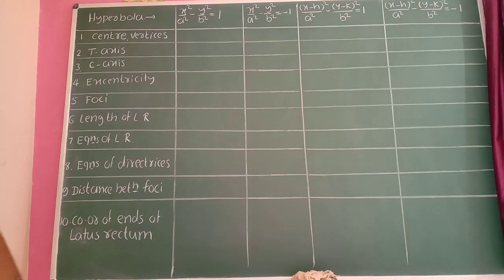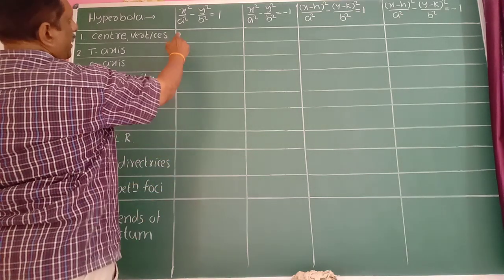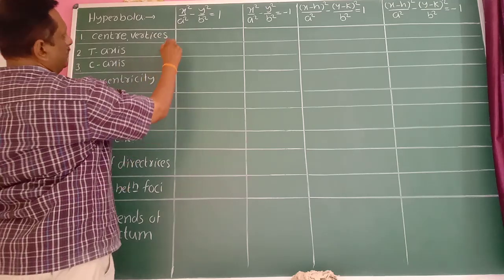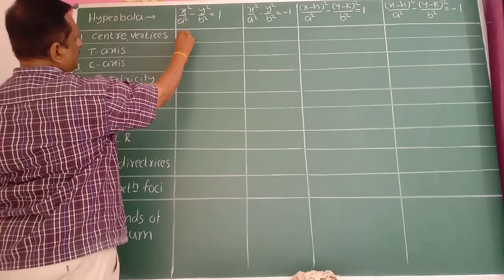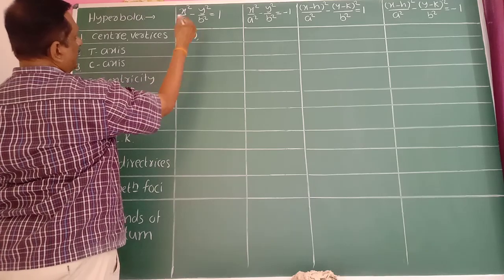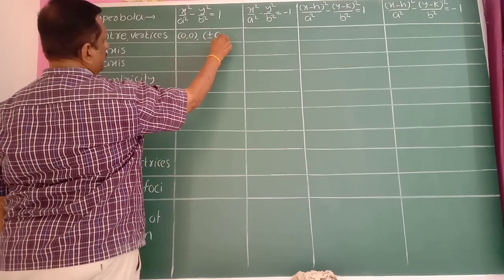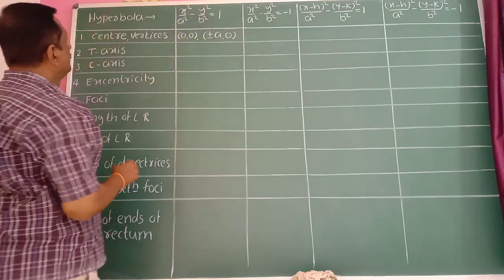So here the center of the hyperbola x squared by a squared minus y squared by b squared equal to 1 is the origin, and the vertices are plus or minus a comma 0.